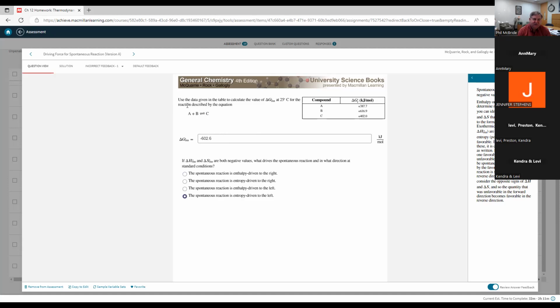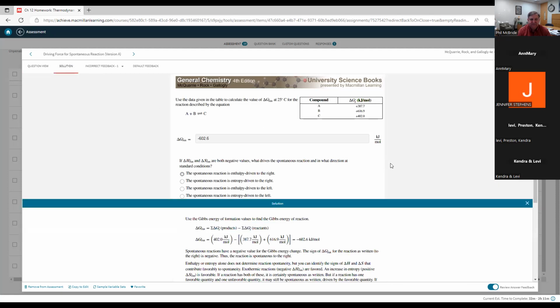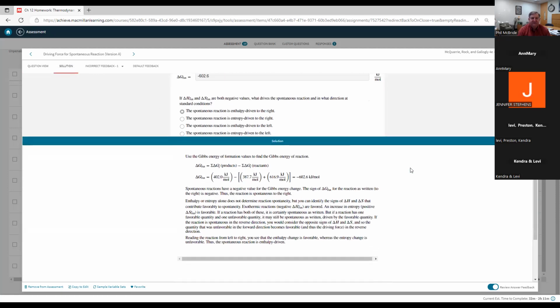So it's more entropy driven going to the left, and more enthalpy driven to the right. I'm not sure if you can see this explanation, but delta G was correct, negative 602.6.